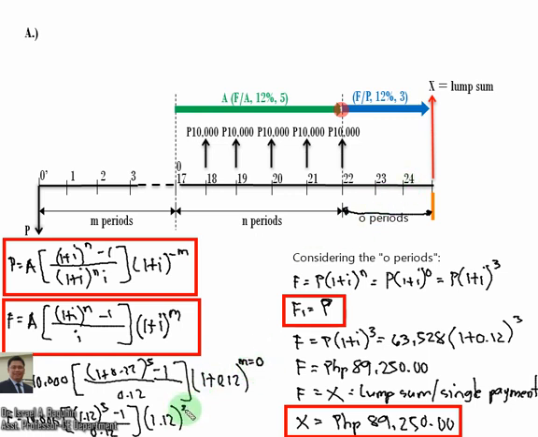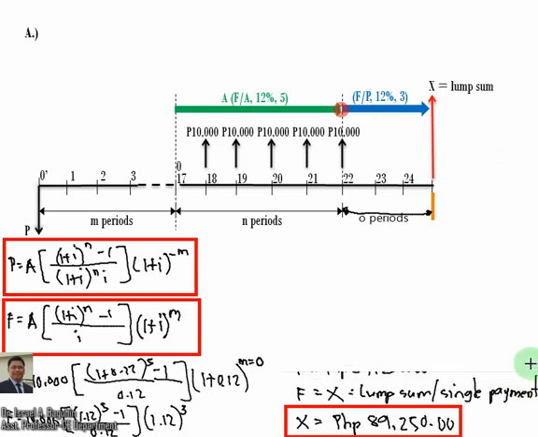So this is 3 actually. So proceeding, we have now this value of our F. Our F is just equal to how much?